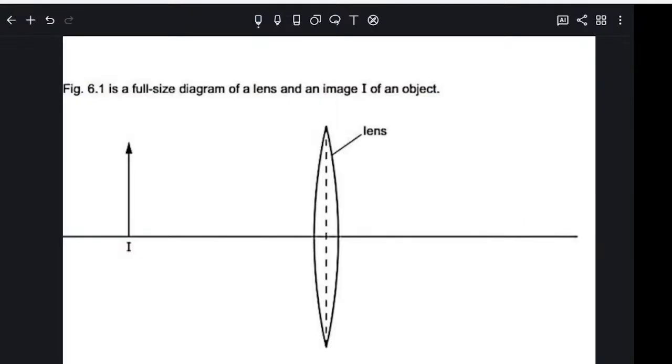Look where it is. It's upright. It's on the same side as the object. Images are never on the left. Images are never this side. So how come he's this side? Because he is virtual.